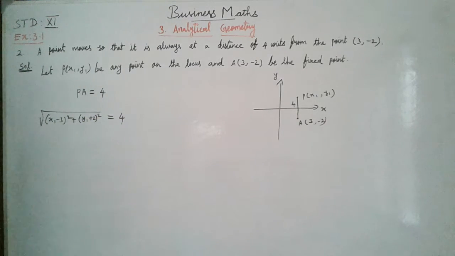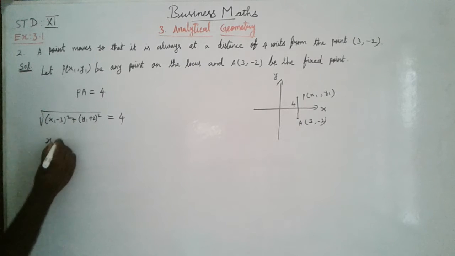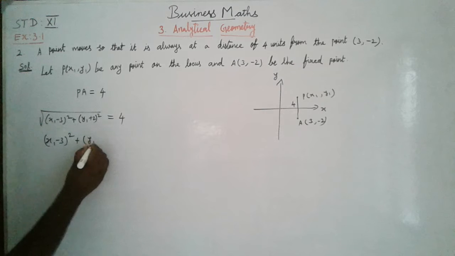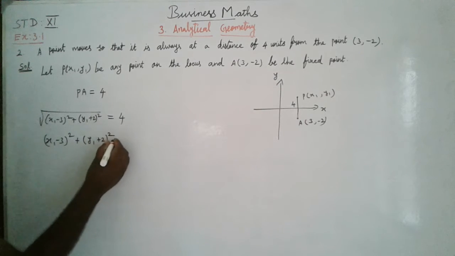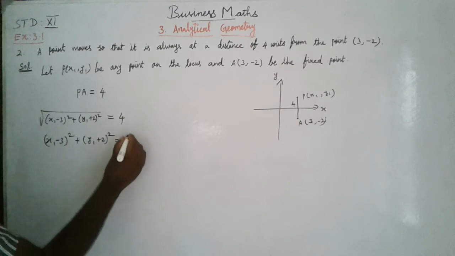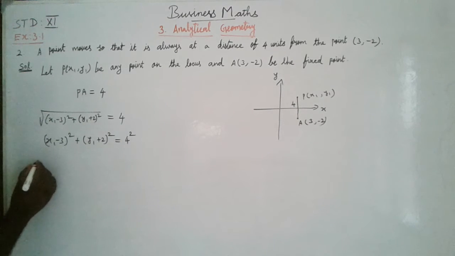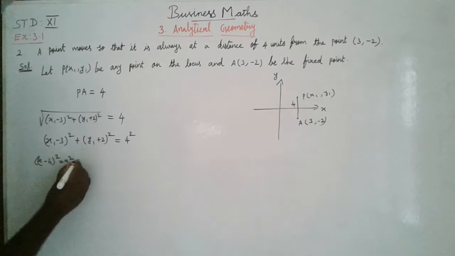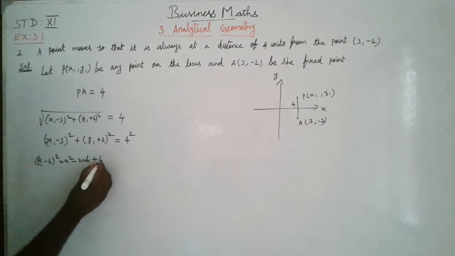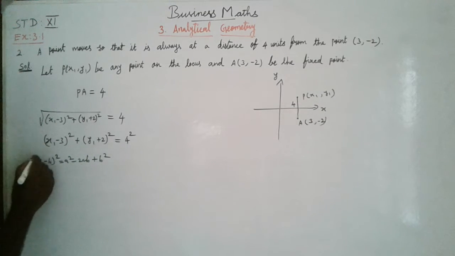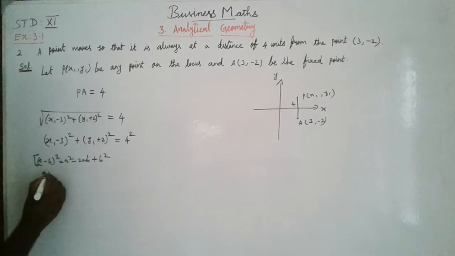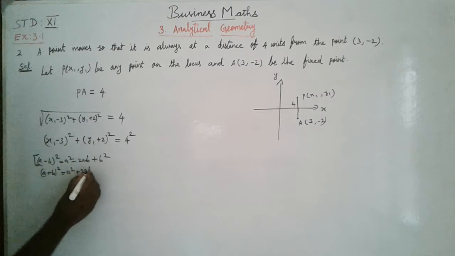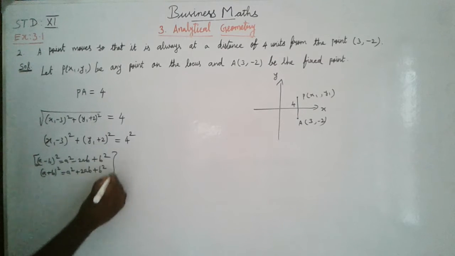Squaring on both sides, the square and square root cancel: (x1 minus 3) whole square plus (y1 plus 2) whole square equal to 4 square. So we should use the formula (a minus b) whole square equal to a square minus 2ab plus b square, and another formula (a plus b) whole square equal to a square plus 2ab plus b square. Two formulas we should use here.